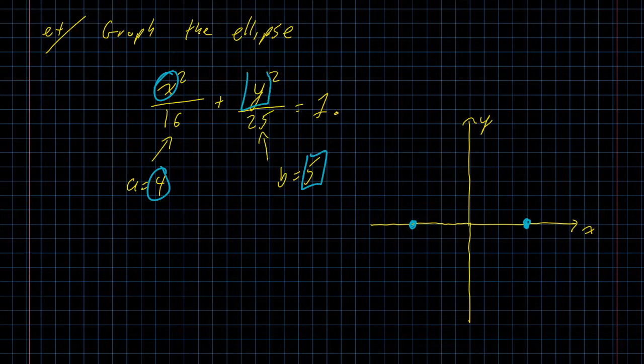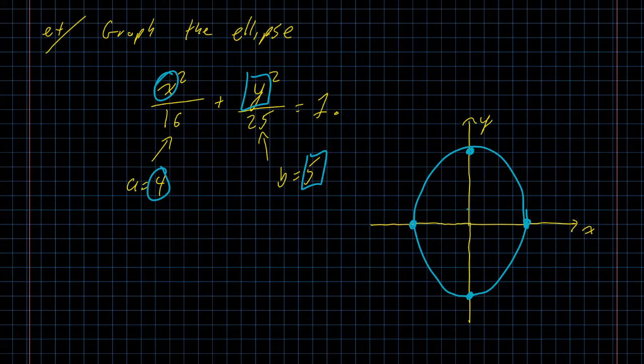Since b is 5, that means that the y-intercepts are at 5 and at negative 5. And then we do our best to draw something that looks like a smooth curve and not like an egg. If we fail, we fail. That's okay, but that gives us the basic idea of it.